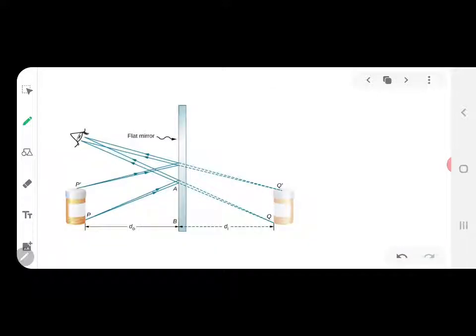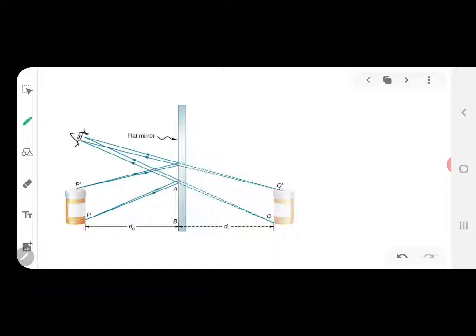Now let us study the image formed by a plane mirror. As you can see in the diagram, the rays travel from the object PP dash, and the image formed is given by QQ dash.